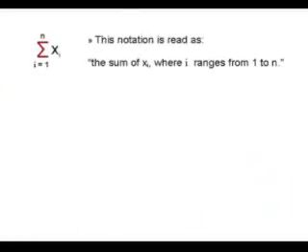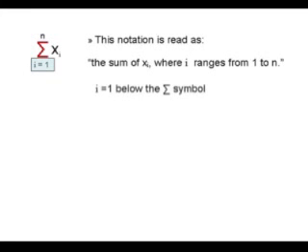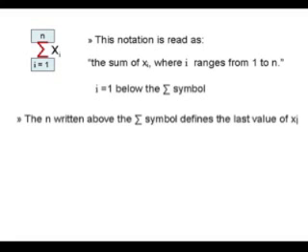Let's review the summation notation in detail. This notation is read as the sum of x sub i where i ranges from 1 to n. The i equals 1 in the blue box indicates that the first value to be summed is x sub 1. The n above the sigma stands for the last value in the series x sub i.